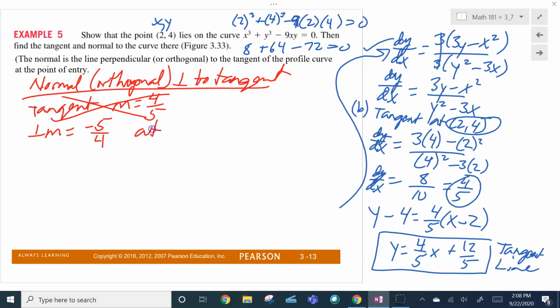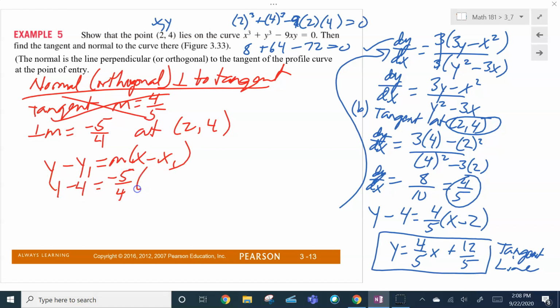And we want it at the point (2, 4). So y minus y1 equals m times (x minus x1): y minus 4 equals -5/4 times (x minus 2).